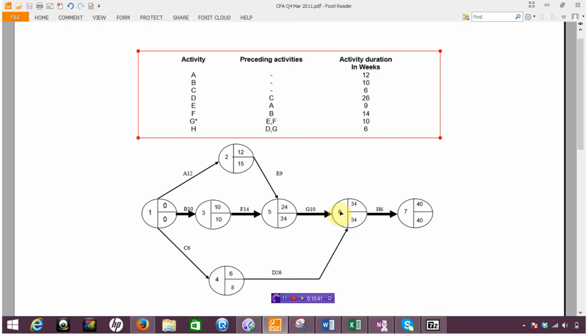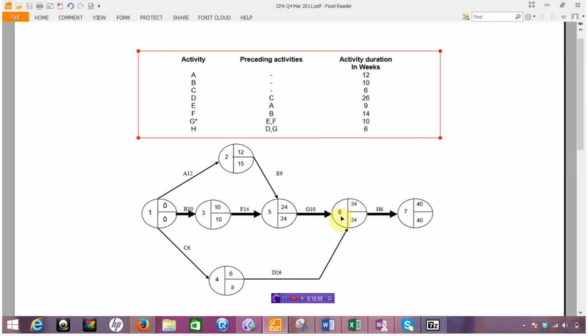Then going from node number 6 to node number 7, which is H, we'll see that H is dependent upon D and G, and we've done a calculation to ensure that the 34 is right, that top box is right.